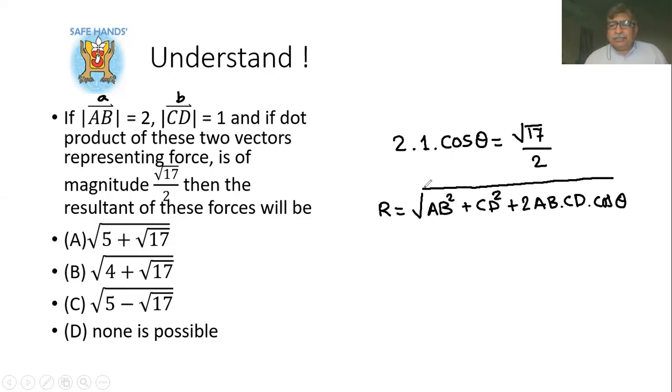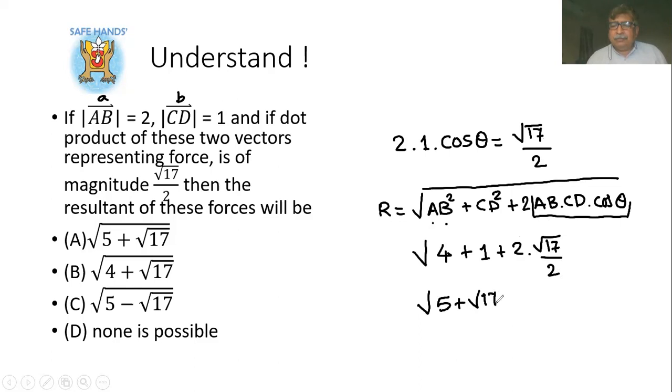Now the benefit is this, that this value is going to be just 4. CD square will be 1, 2 times, and this part is already provided to us, and it is nothing but root 17 by 2. This is the students what they thought. So this cancels and the final result will turn out as root 5 plus root 17. And this is available at A choice.